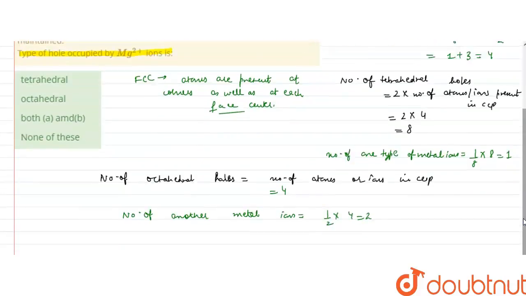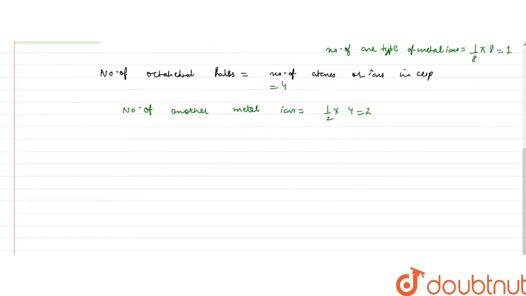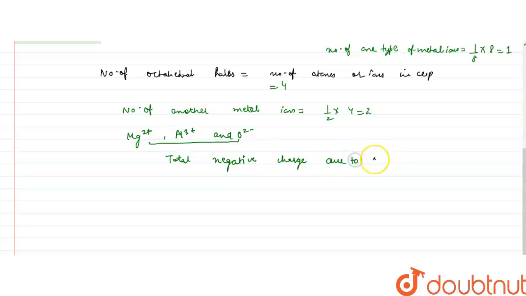So we can say, with Mg2+, Al3+ and O2-, and the neutrality being maintained, if we consider these three ions for this spinel structure, the number of oxide ions is 4, so the total negative charge due to O2- is minus 2 into 4, that will be minus 8.